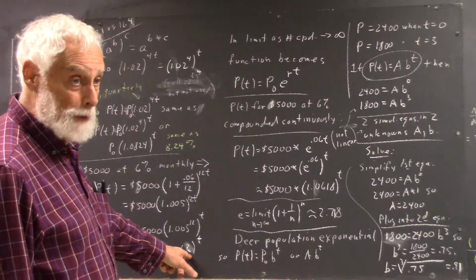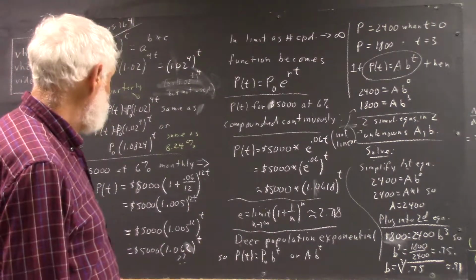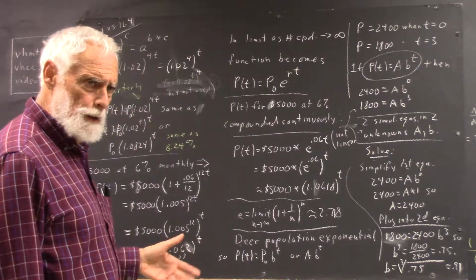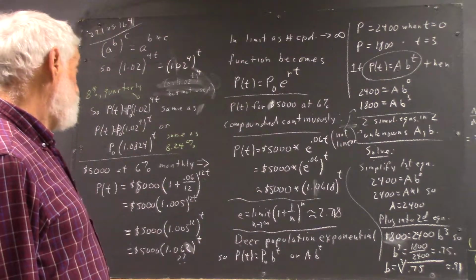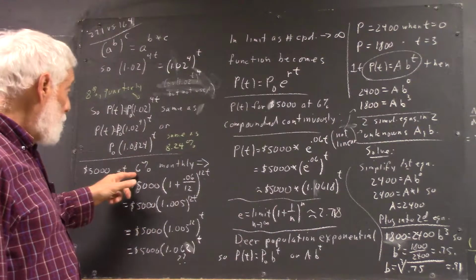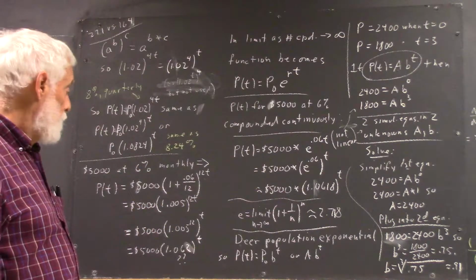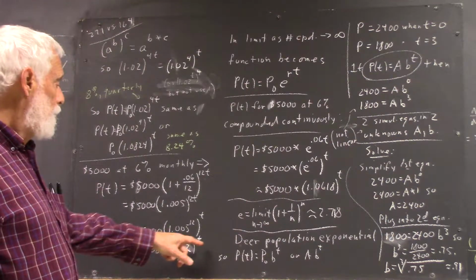However, the lesson is rely on your calculator, not on my mental calculations. And that wasn't even really a mental calculation. That was an intuitive type thing on my part. Not very reliable. Okay, well, anyhow, we understand then that compounding 6% monthly is the same as compounding about 6.2% annually.